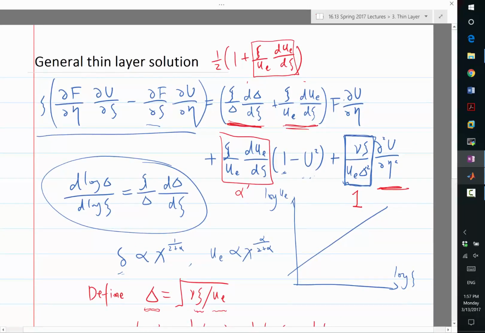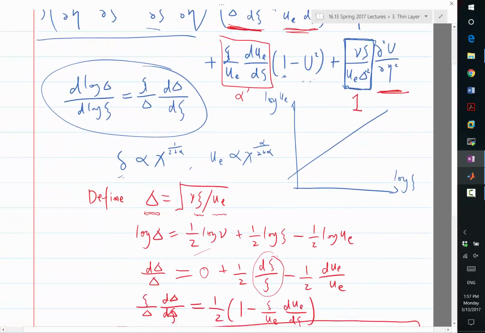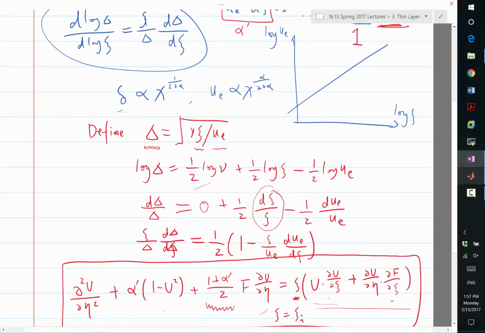Our previous alpha is just this divided by this. So my previous alpha is alpha prime divided by half of 1 minus alpha prime. If you simplify it, this is 2 alpha prime divided by 1 minus alpha prime.